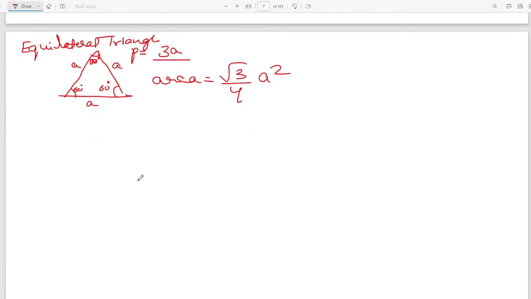And then there is the isosceles triangle, where two sides are equal.